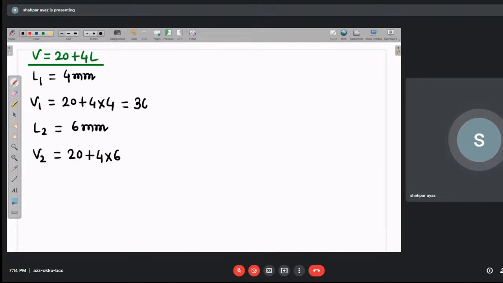This is your 36 volt and this is your 44 volt. Clear, guys?